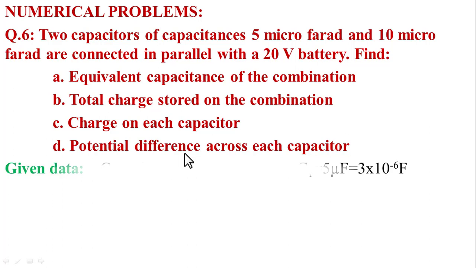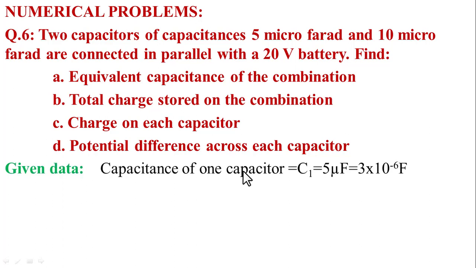Now first of all write the given data. Capacitance of one capacitor C1 is equal to 5 microfarad. Micro is equal to 10 raised to power minus 6, so C1 is equal to 5 multiplied by 10 raised to power minus 6 farad.